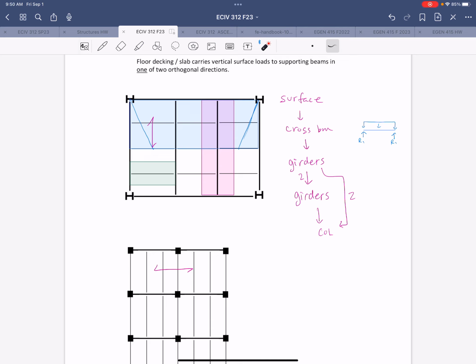The interior beams support two sides of cross beams, right? So you would have supports on those beams and then point loads of 2R1 for interior, but these edge ones would just have 1R1.